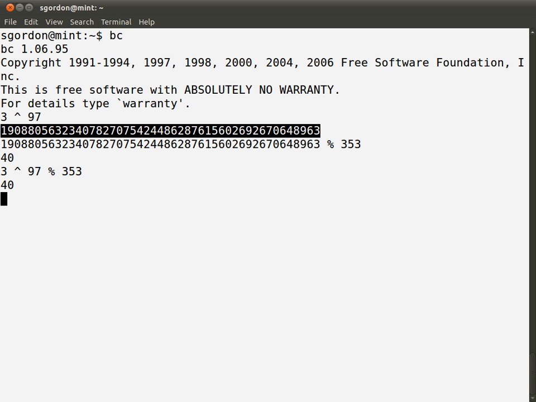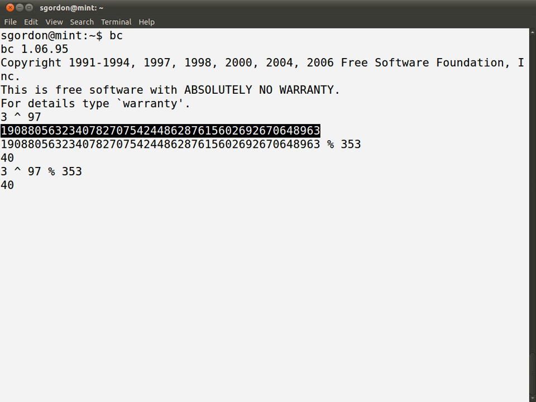The same equation, alpha to the power of XB mod Q, where alpha and Q are 3 and 353. 3 to the power of 233 mod 353.